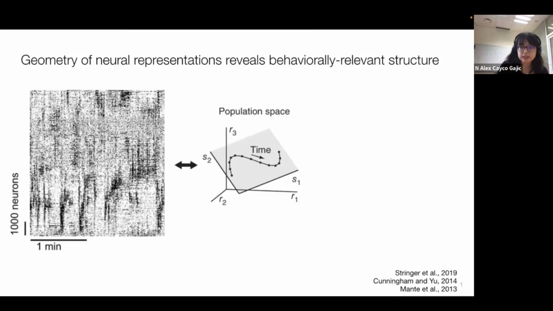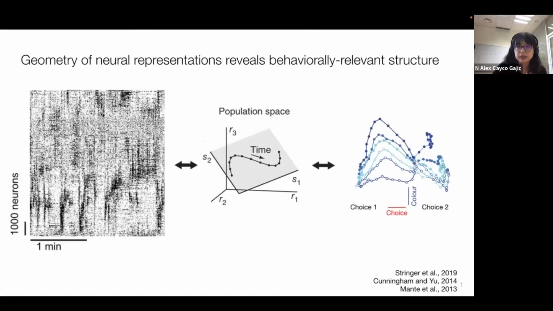The reason that we do this is not only because we love dimensionality reduction, but also because the geometry of these latent variables often has some information about the particular task that's being performed by that neural circuit. And so it seems important to develop and use these methods so that we have more and more clues as to the function of these different regions.